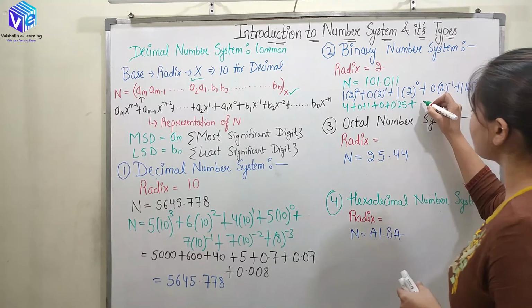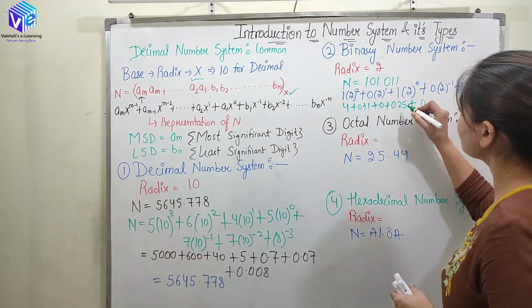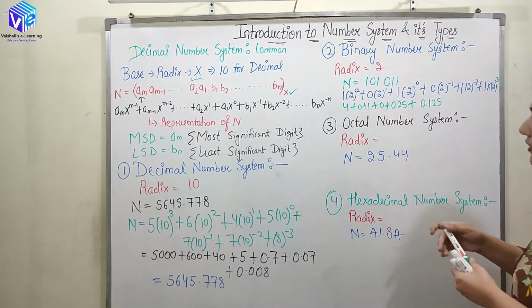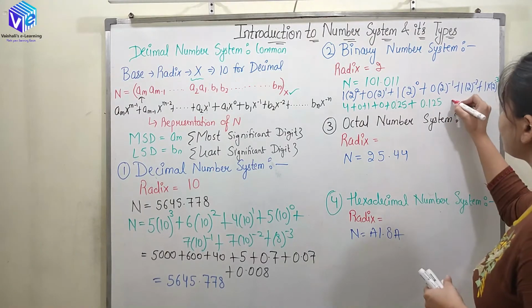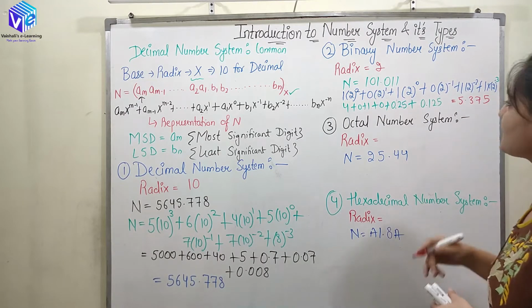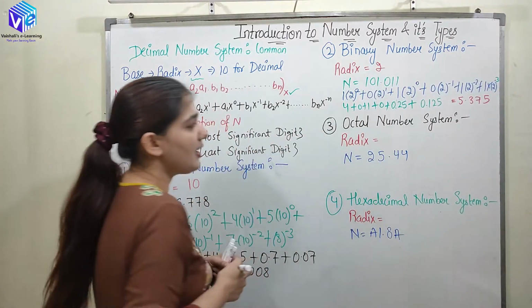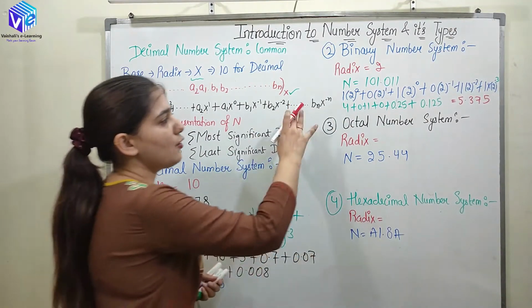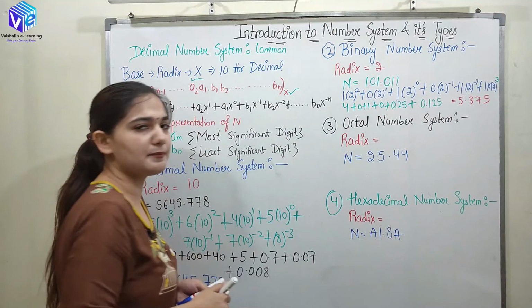So here we will be having 1 upon 8, which will be equal to 0.125. So now if I add all of them, you will be getting 5.375. So this is how you will be getting the number in the decimal number system from the binary. So this is how you can even represent any number system.